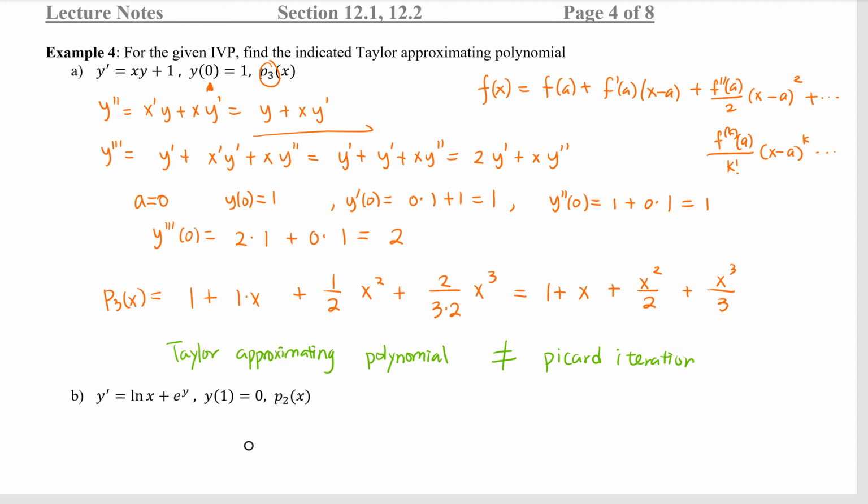It also gives us y as a function of x. But in this case, you will see that even though they are all polynomials, they are different functions. So be careful with that. Let's continue.